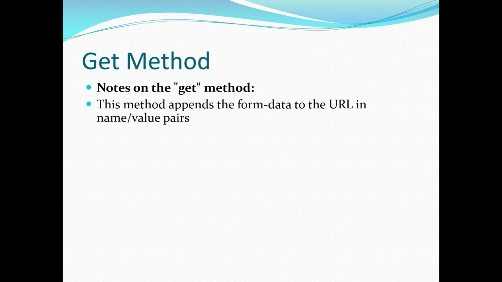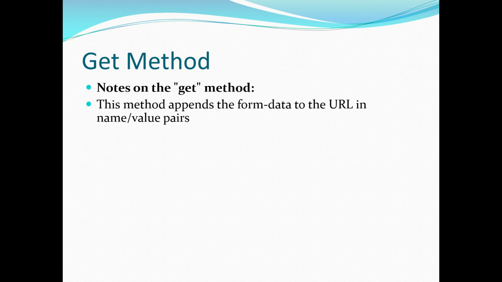So what are the get method and the post method? First, notes on the get method. This method appends the form data to the URL in name-value pairs. I will show you later. When we submit the form through the get method, all the form data, for example in our form the name attribute, email, and so on, all the user-defined data is mentioned in the URL.